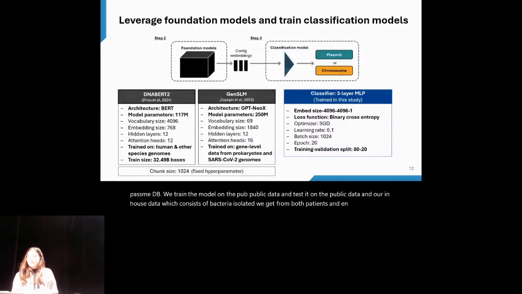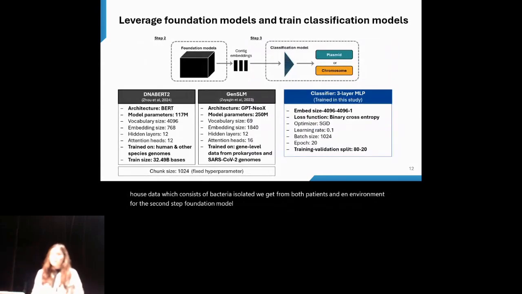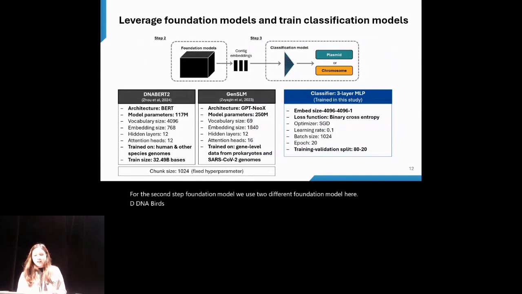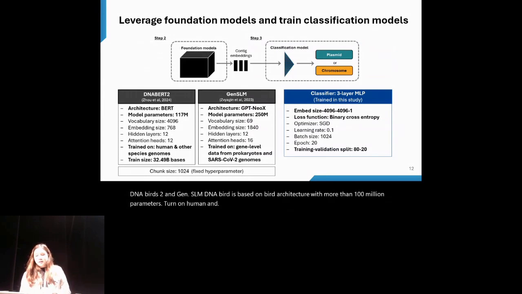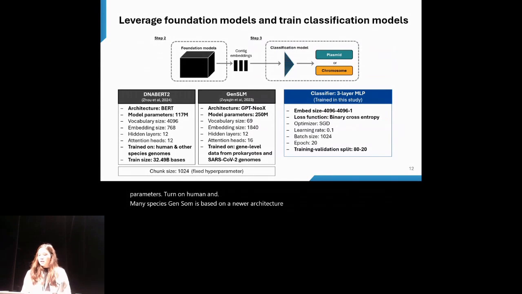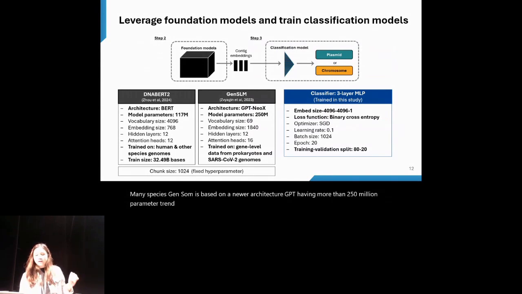For the second step, the foundation model, we use two different foundation models here, DNA-BERT2 and GenSLM. DNA-BERT is based on the BERT architecture with more than 100 million parameters, trained on human and many species. GenSLM is based on a newer architecture, GPT, having more than 250 million parameters, trained on gene-level prokaryote data and SARS-CoV-2 genomes.